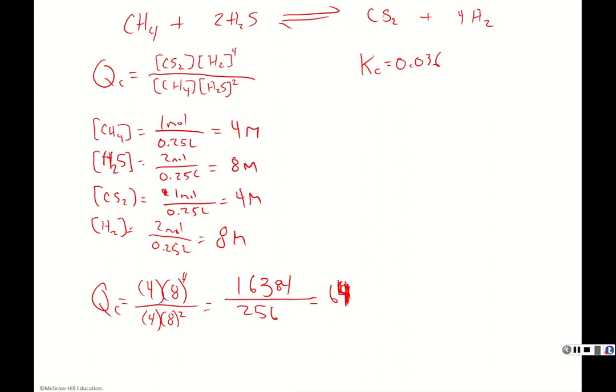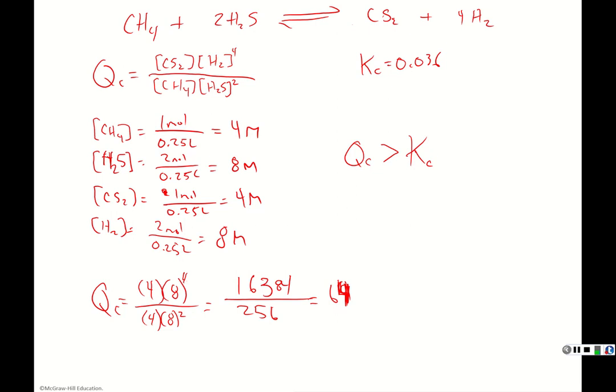Now we can compare this to our equilibrium constant, and you can see that 64 is bigger than 0.036, so the quotient is bigger than the equilibrium constant. And so what does that mean?